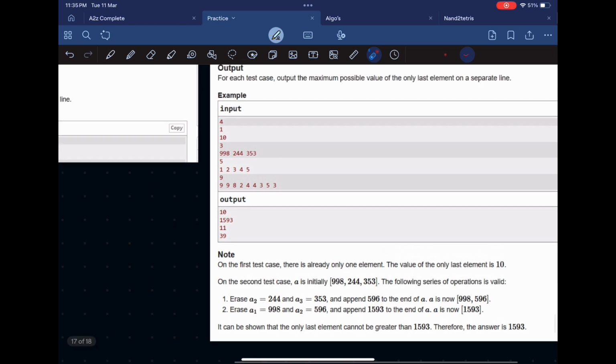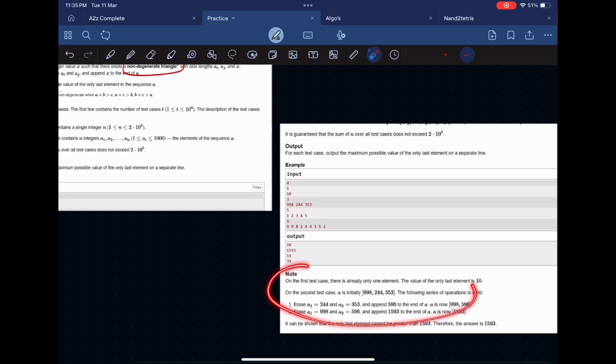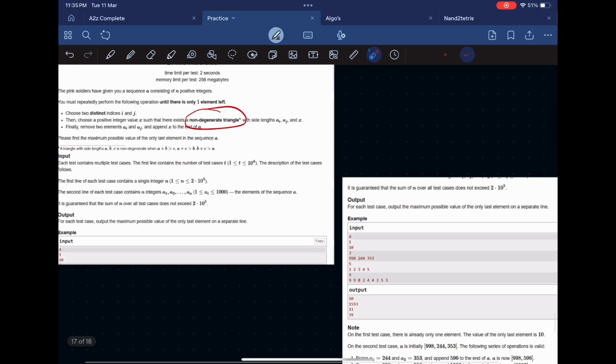Before looking at these solutions, we should know what that word means: non-degenerate triangle. A non-degenerate triangle is a triangle where all three sides satisfy the triangle inequality theorem, meaning it has a positive area and non-collinear vertices.